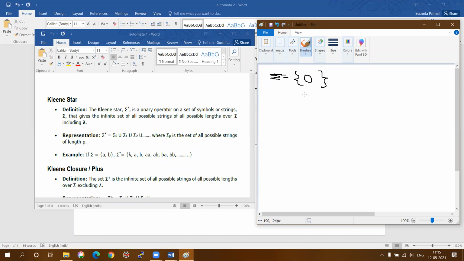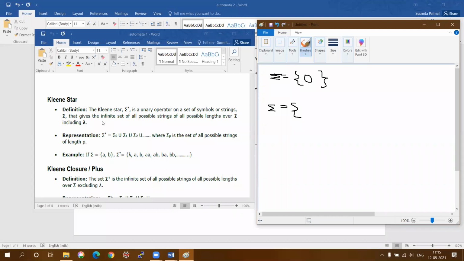If I want to find out the Kleene star of this, then what will it contain? It is saying any combination of the string, all possible strings, along with the null, including this lambda.